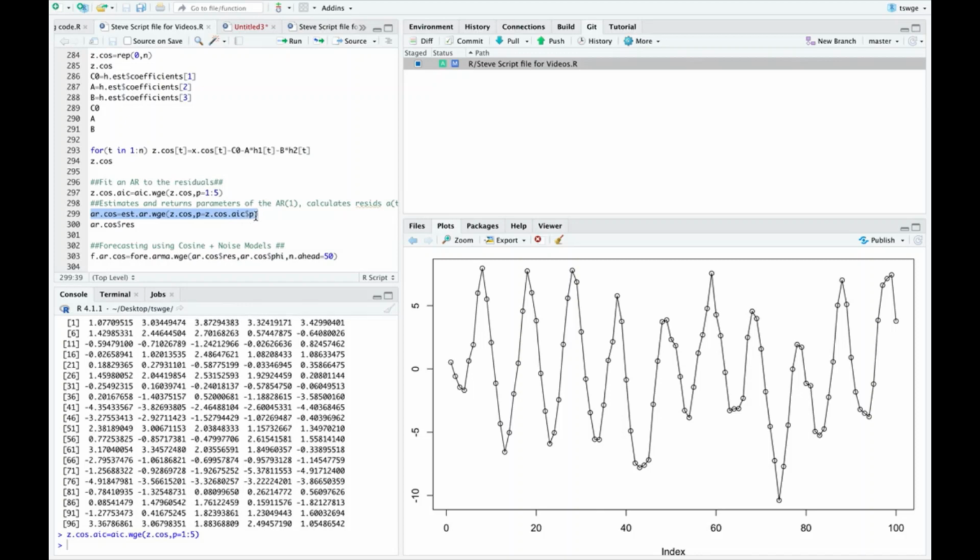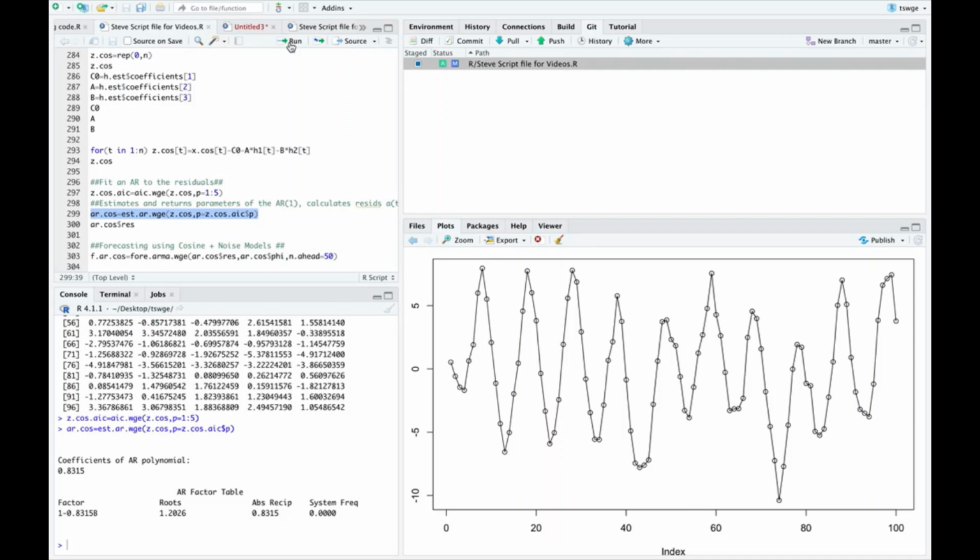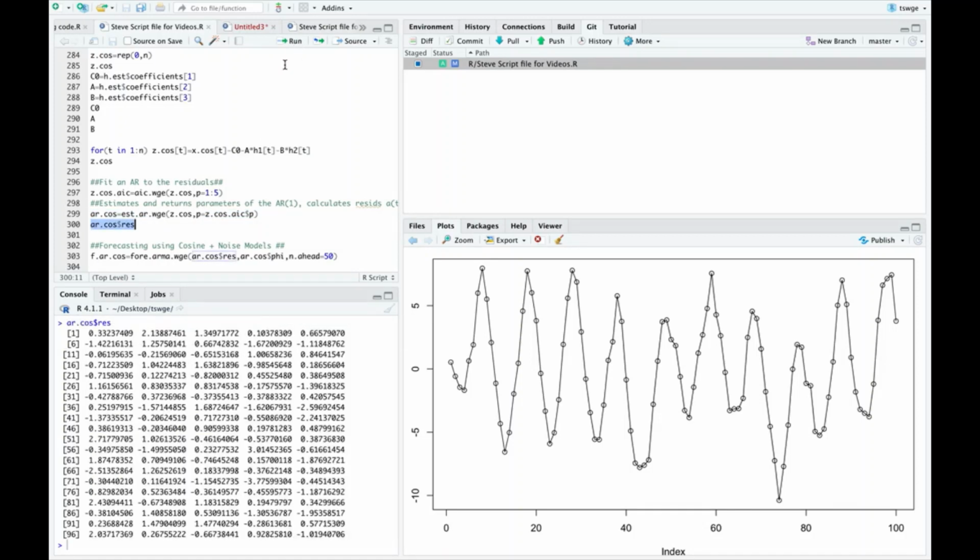And then we know that the order P, we're fitting an AR to it. Whatever that order was that was found here needs to be inserted here. That's what we're doing next. There's our AR1. And here are the residuals.